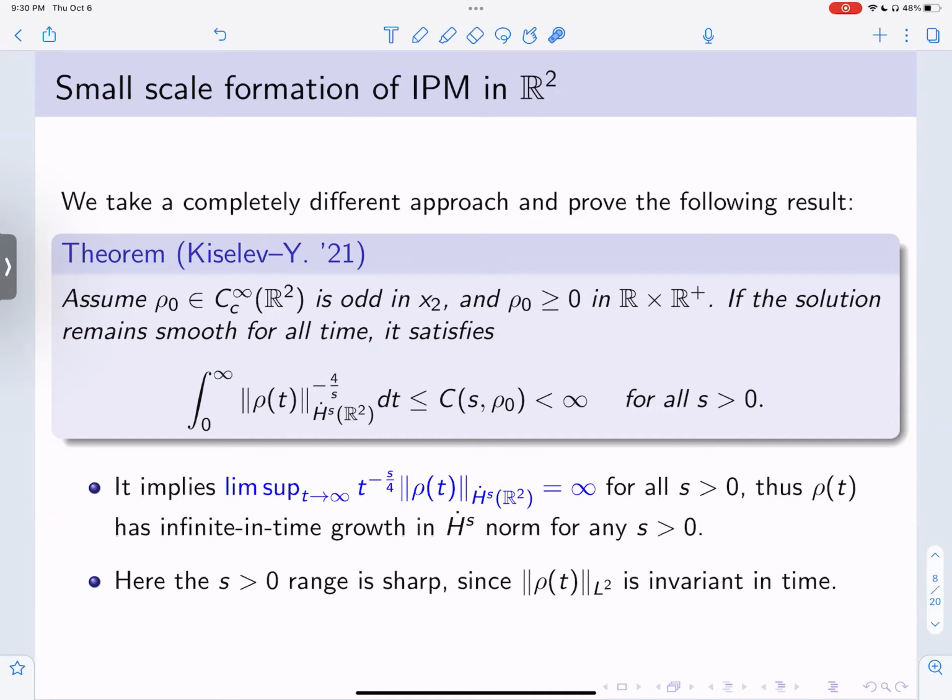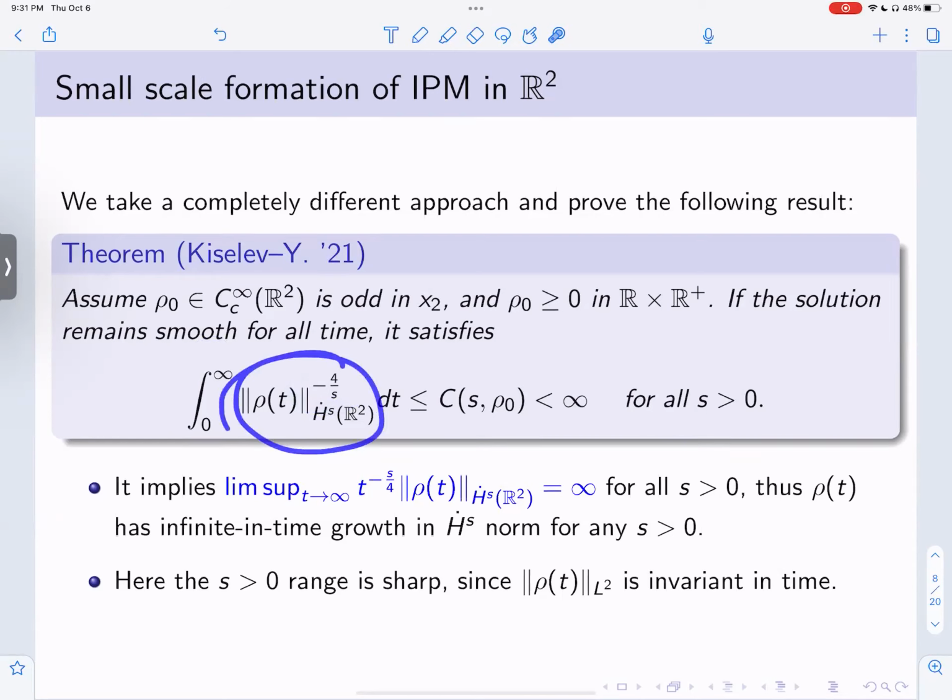So in that sense, if some quantity has a finite integral, then this integrand has to be less than 1 over t at infinitely many t along a diverging time sequence. Now notice that this one carries a negative power.